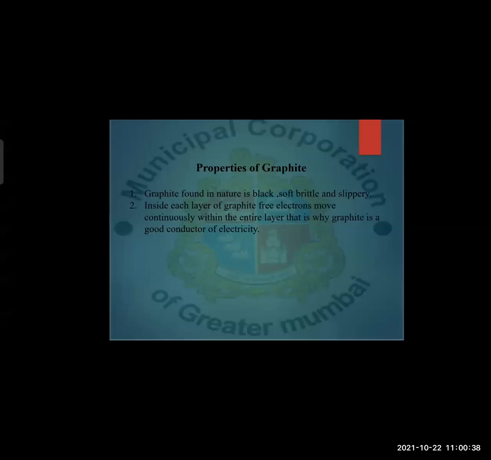And we have studied in current electricity in our third chapter, the substances which have moving electrons are good conductors of electricity. So same case with graphite.